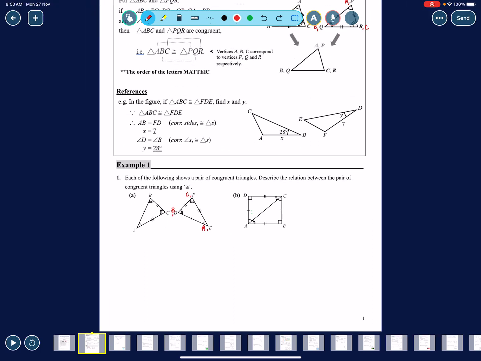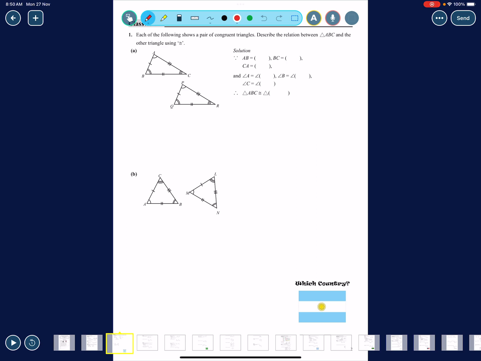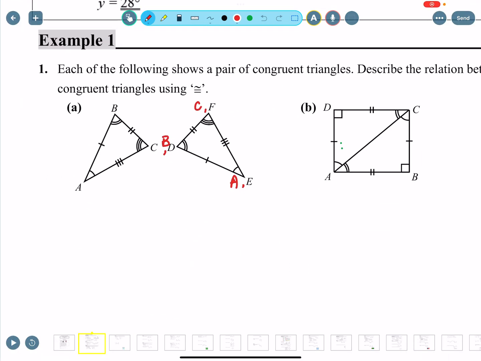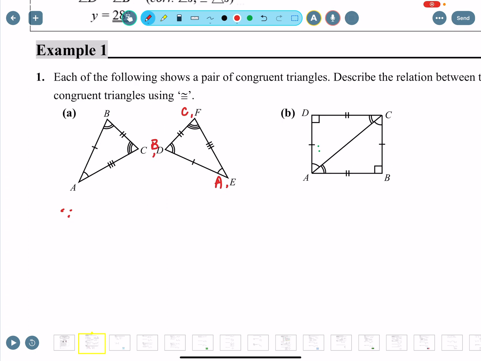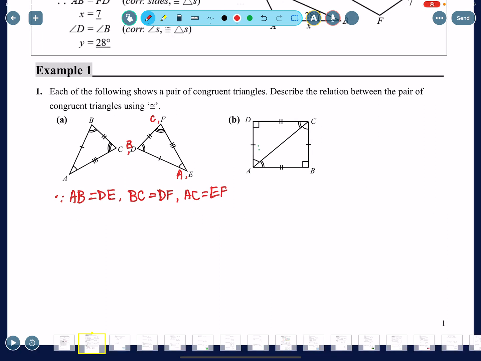Usually you've got to prove that AB, this straight line here with a single line on it, equals DE there, and then, we take the double line one, BC equals double line DF, and then AC equals EF. Okay, the order of the letters doesn't matter in this part yet.